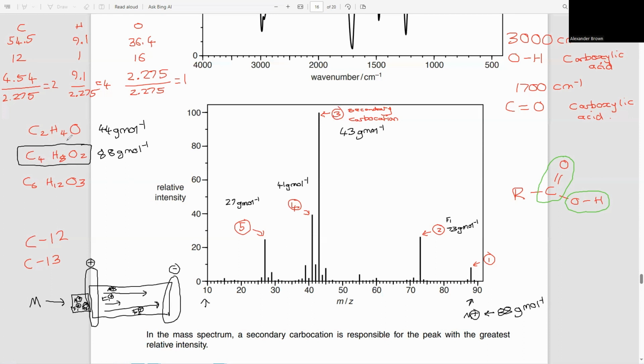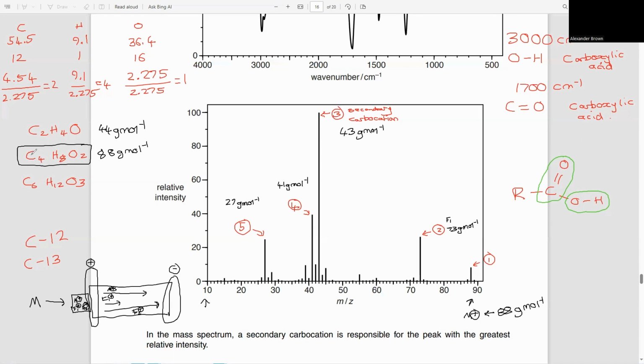So what I would do next is write down or draw some options for our compound. We know it's got a carboxylic acid functional group. Okay, and we know that a carboxylic acid has 2 oxygens and a hydrogen in it. So the rest of the compound must be a saturated hydrocarbon.